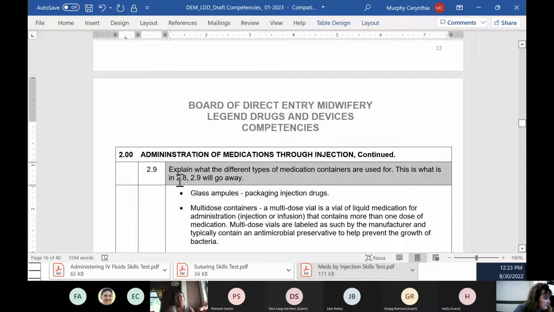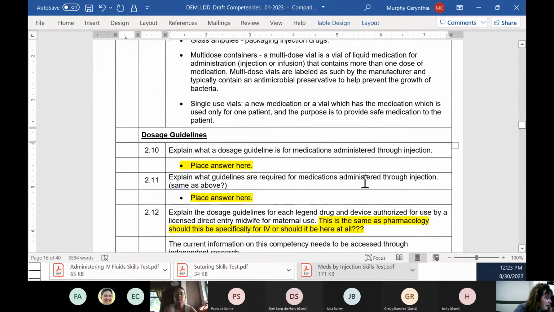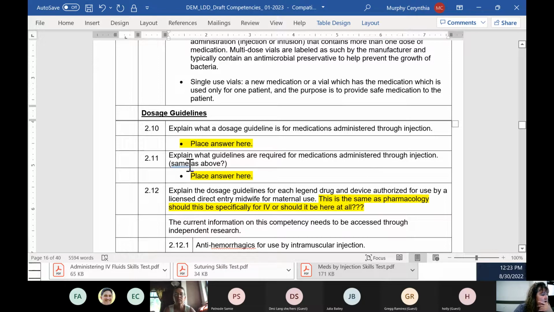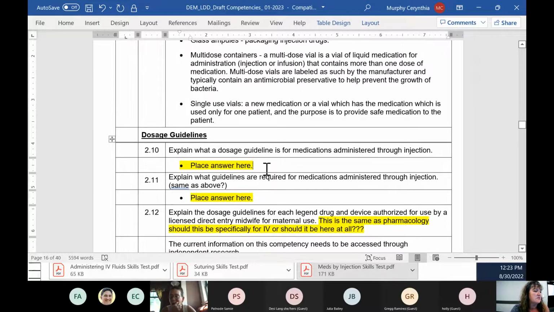Okay, perfect. And then let's talk about dosage guidelines. Again, it's already up above. It's already in 1.4. We already did this. I wasn't sure if, because we're on the IV section, we needed to duplicate it specifically, because it's repeated in every section.